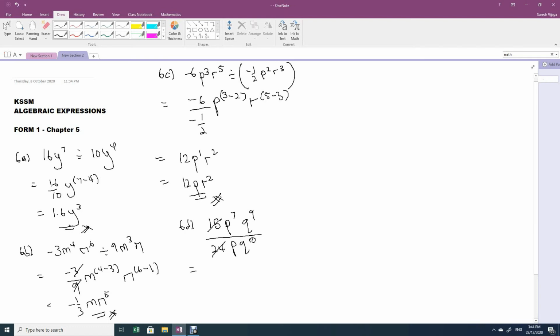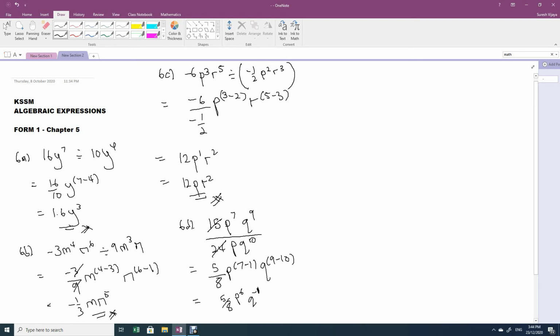We simplify 15 divided by 24, we get 5 over 8. Then p 7 minus 1, then q 9 minus 10. So what we have here is 5 over 8 p to the power of 6 and q to the power of negative 1.